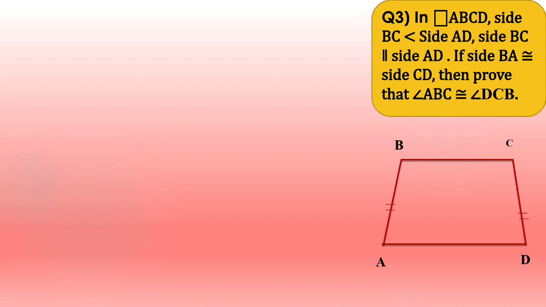Now let's start with question number 3. In quadrilateral ABCD, side BC is less than side AD. Side BC is parallel to side AD. If side BA is congruent to side CD, then prove that angle ABC is also congruent to angle DCB.